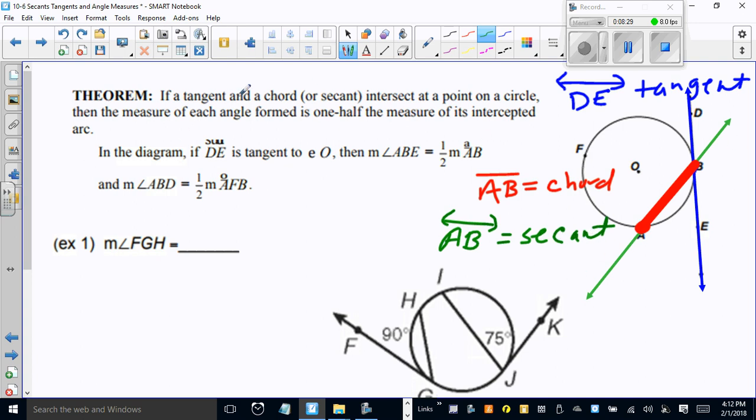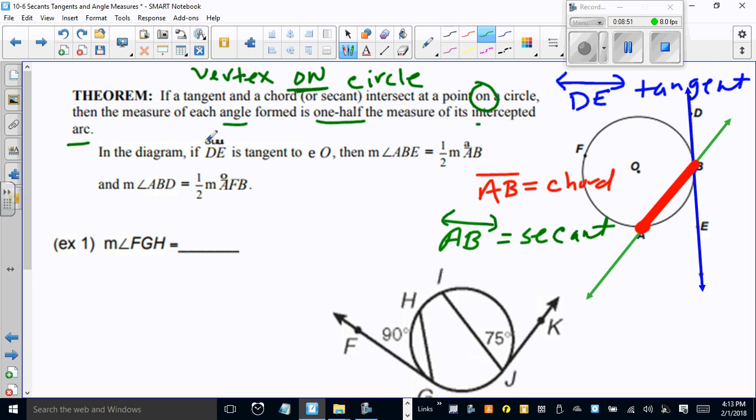Okay, so it says if you have a tangent and a chord, or a tangent and a secant that intersects at a point on the circle, so the vertex must be on the circle, then the angle is 1/2 the arc, which is what we just said.